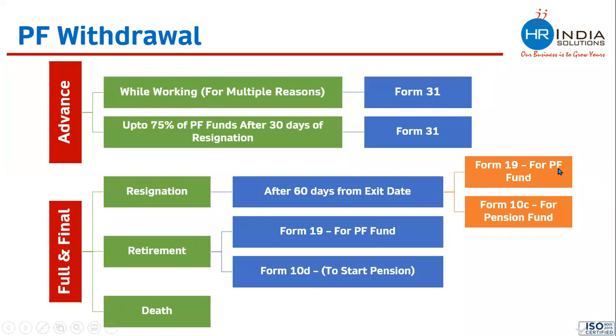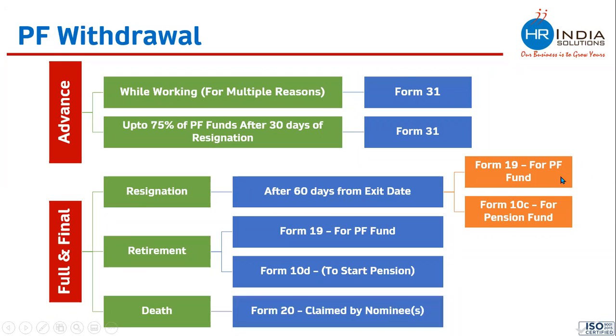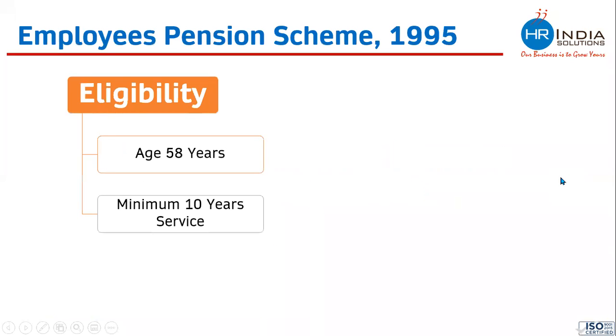To get PF, you need to claim from a different form. So you have only filled form 19 and you are only asking for your money in the provident fund, and you have not applied for pension money by form 10C. So you are leaving your pension fund with the government and you are taking only PF money. Okay, you can do that. You can opt for provident fund only.